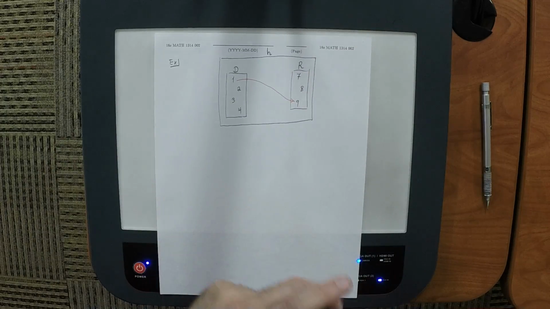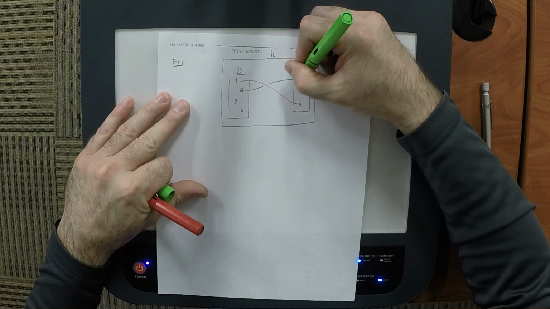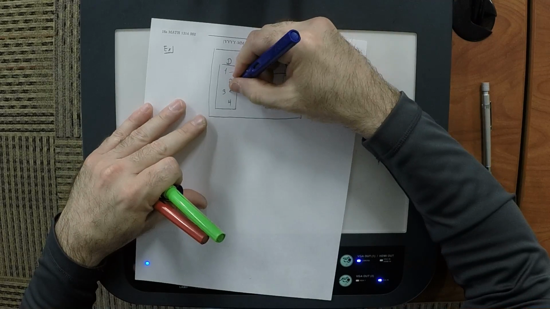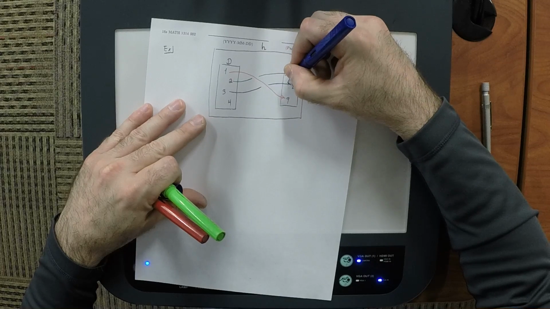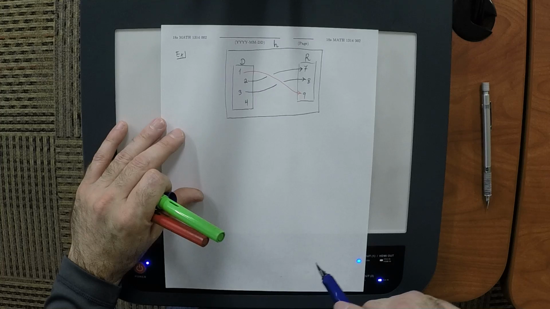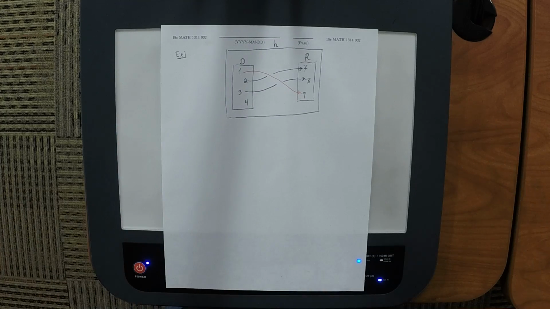So I'll say 1 goes to 9, 2 goes to 7, 3 goes to 8, and up to now I managed to make every button have a unique one, but now you can see that now that we're going to wire up button 4, something has to be repeated.